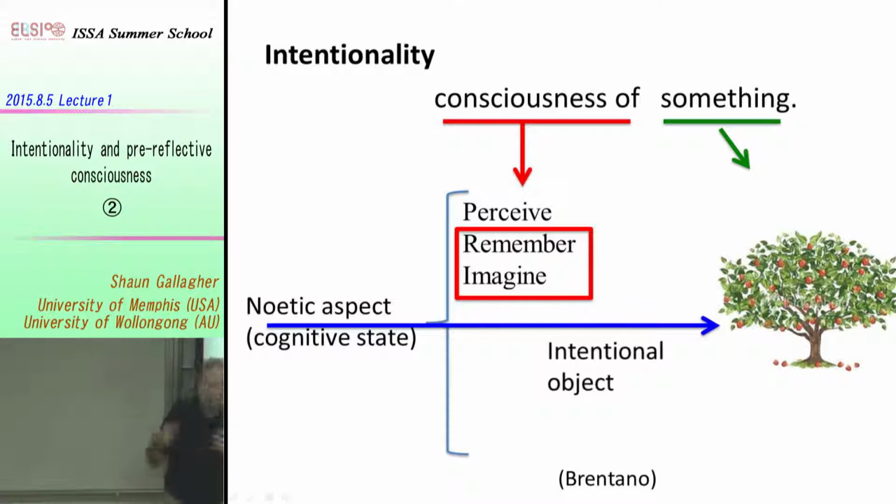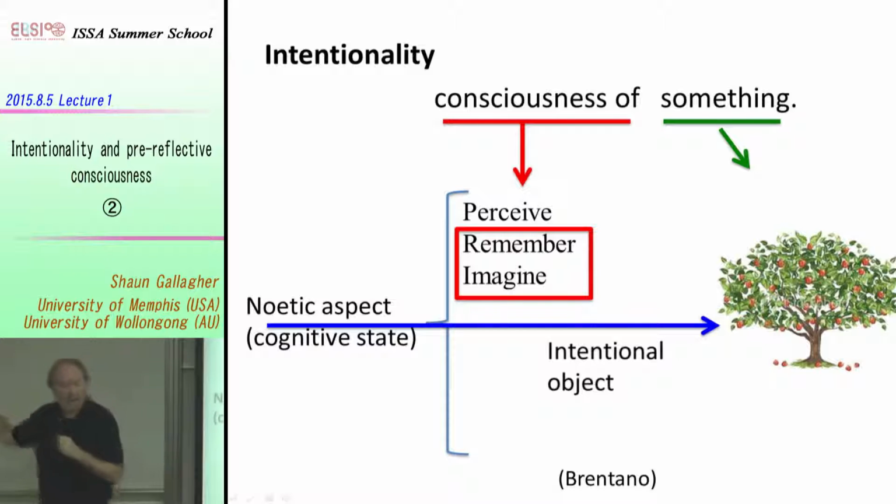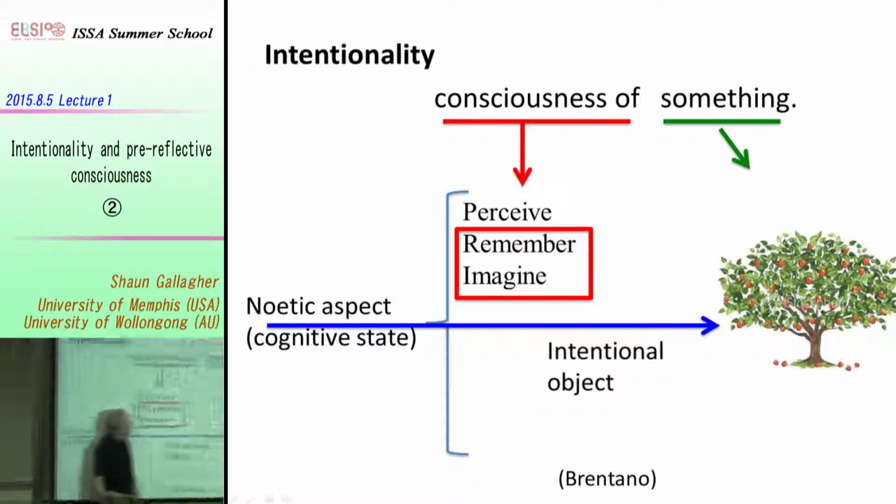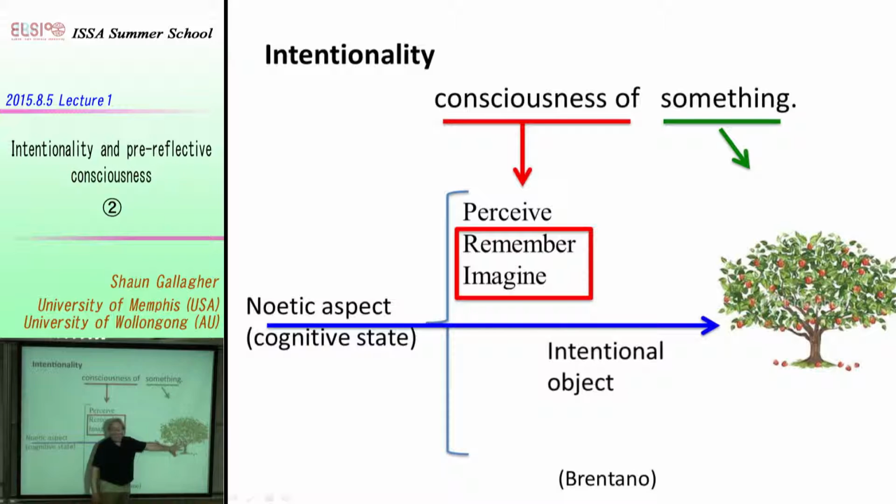And taking this notion of intentionality from the medievals, he thought, in medieval philosophy, which is influenced by Aristotle, that there was something in the mind. Aristotle would call it the form of the thing that we're experiencing. So this is the thing we're experiencing.